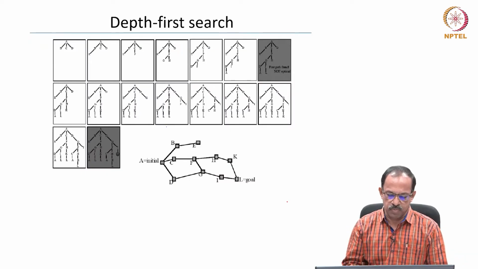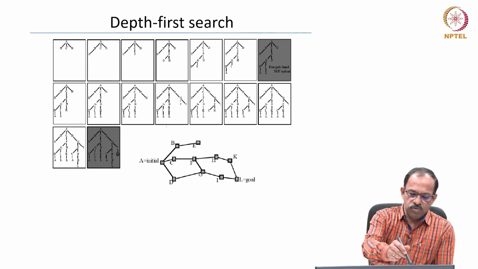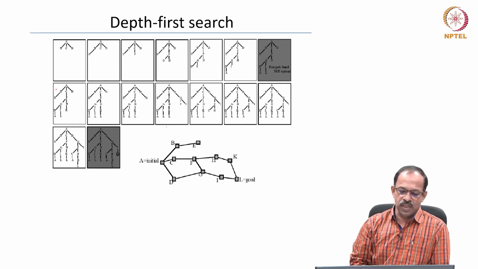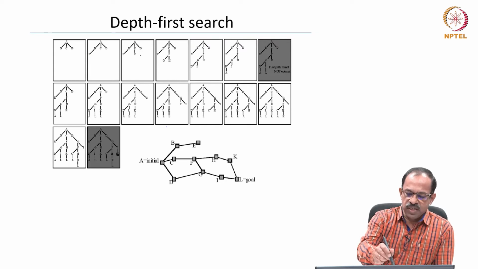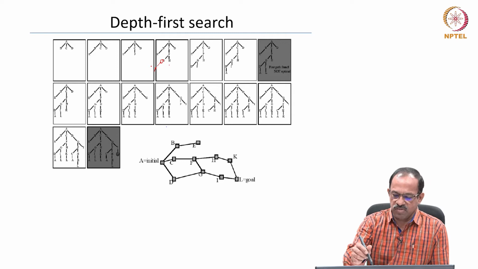It is explained here. You can see that it will keep on expanding towards the depth. First it will go along the depth up to E and then there is no more node to expand. So, it will start expanding C, then F, then H, then it will go to one of these, G, and expand it further until no more extension is possible.